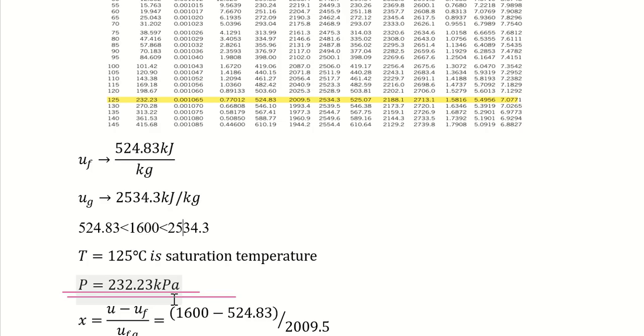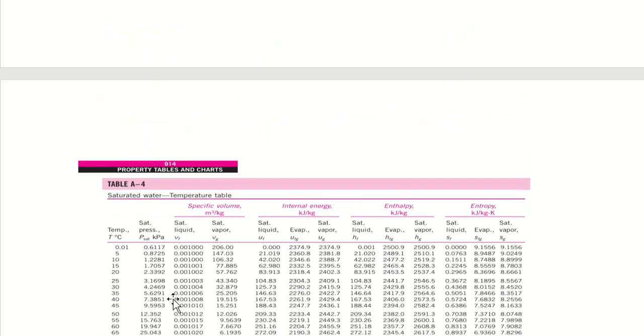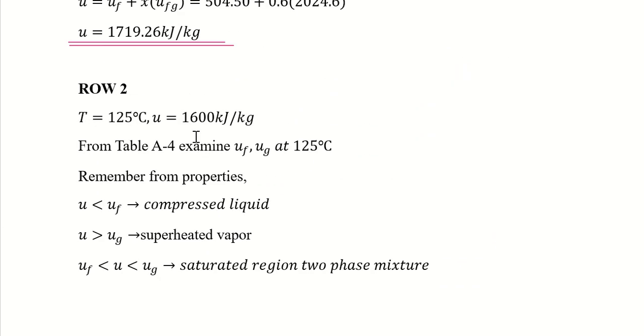In case you didn't understand how I got that, I want to repeat it. You examine the property of these two and compare it with this at this temperature using the saturated water temperature table.